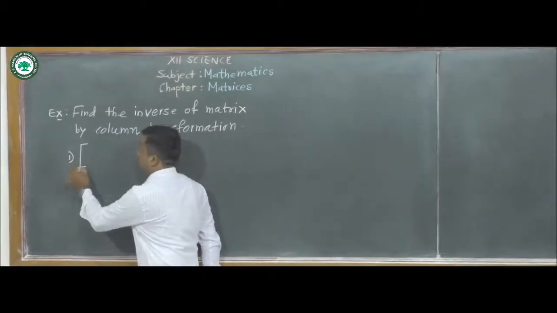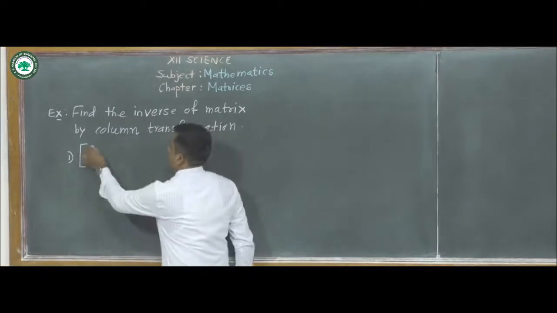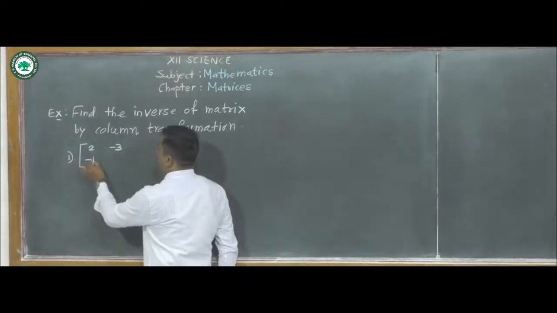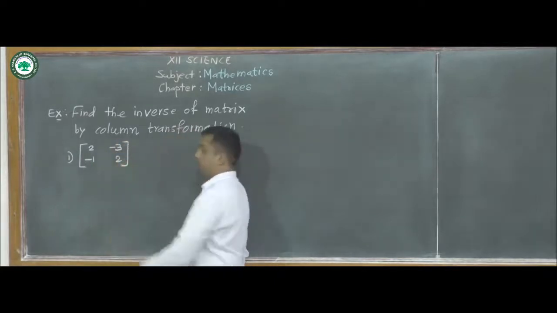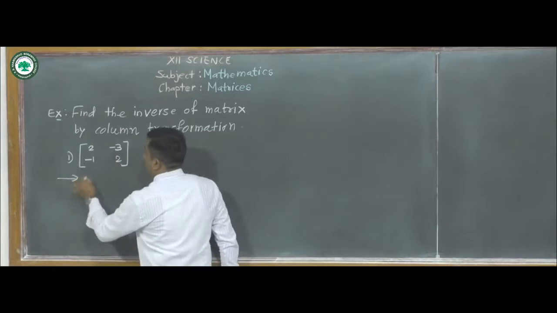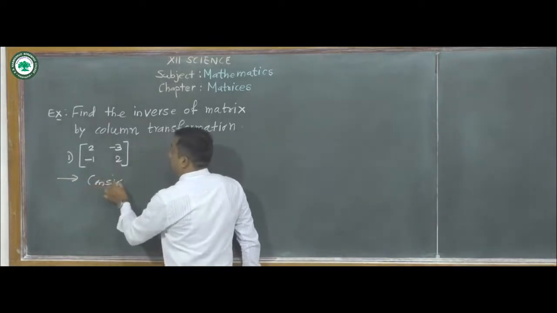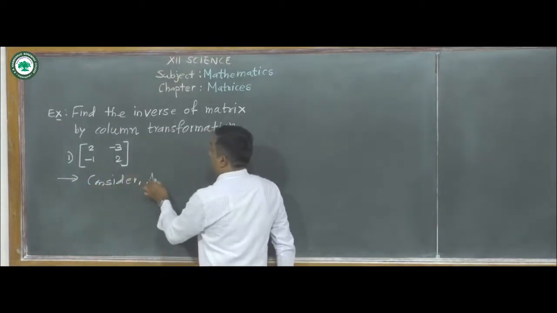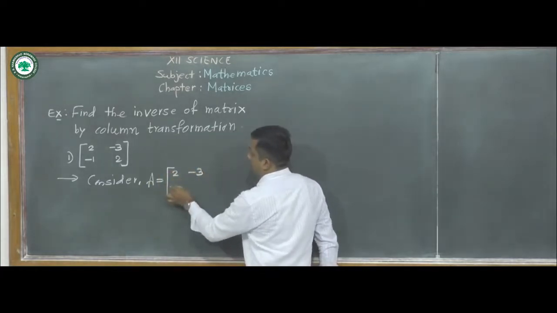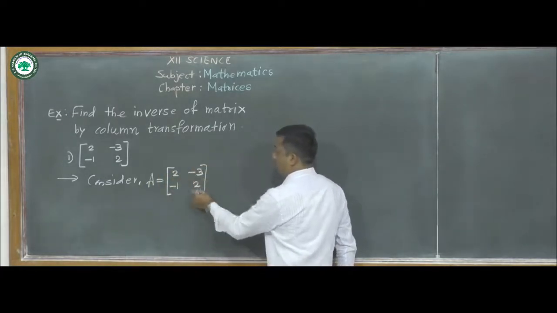Here in the first row we consider 2, minus 3, and in the second row minus 1, 2. Let us consider the given matrix as A. A is equal to the matrix 2, minus 3, minus 1, 2.